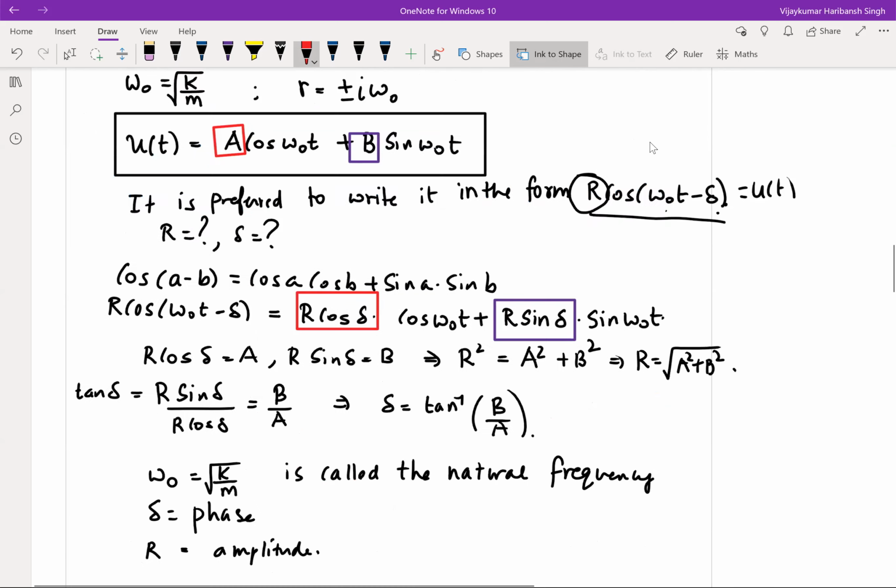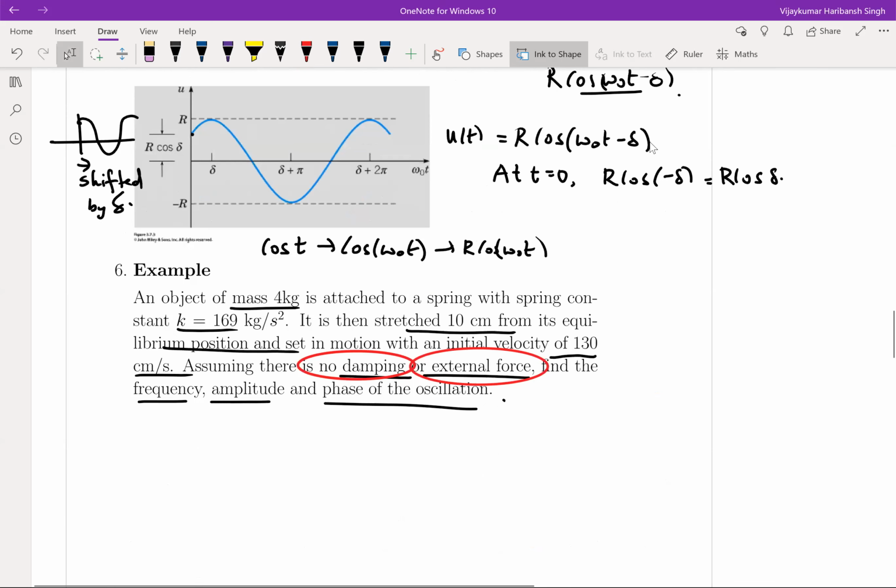So it's going to be a form where u of t satisfies m u double prime plus k u equals 0, right? Now we need to find m.